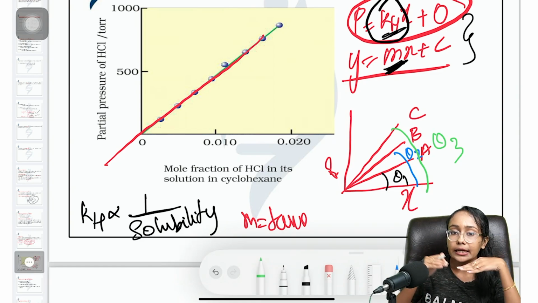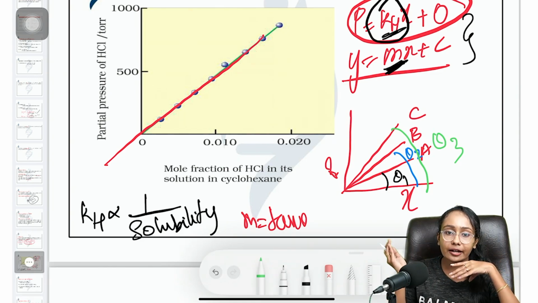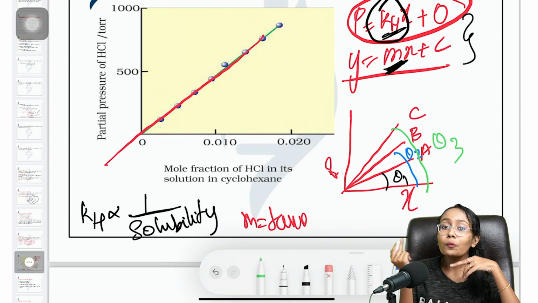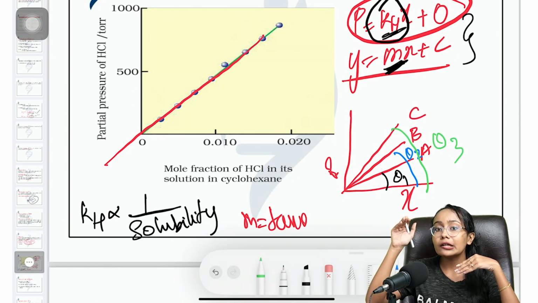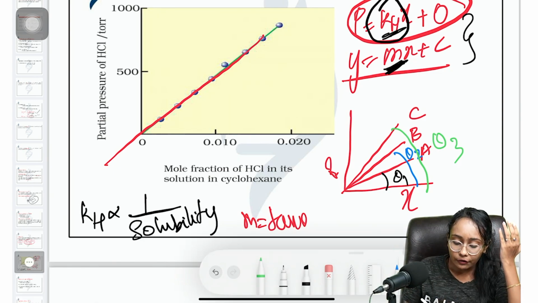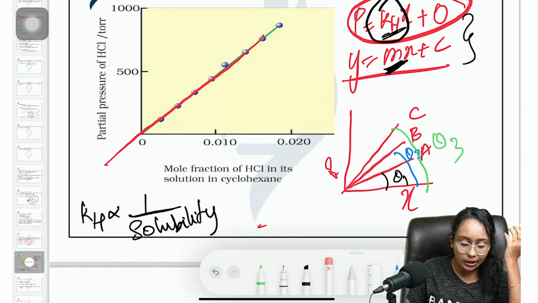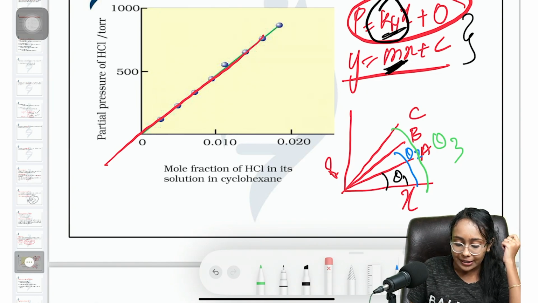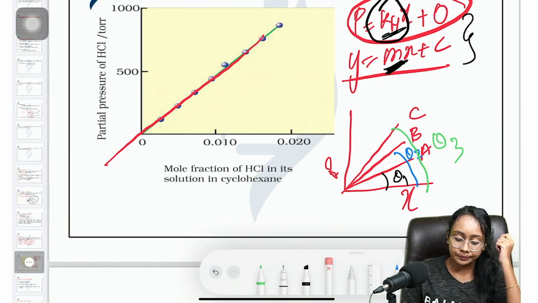So as theta increases, tan theta increases. As tan theta increases, slope increases. Slope increases means Kh value increases, solubility decreases. So tell me, for A or for B or for C, the solubility is high. Or we can say the slope is very less.